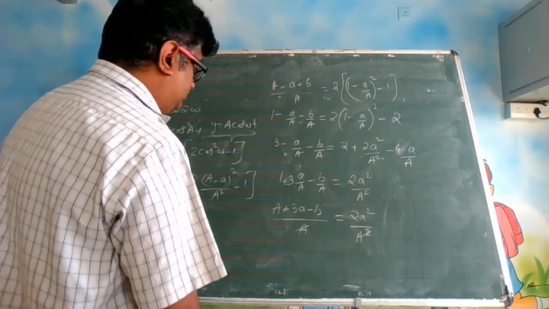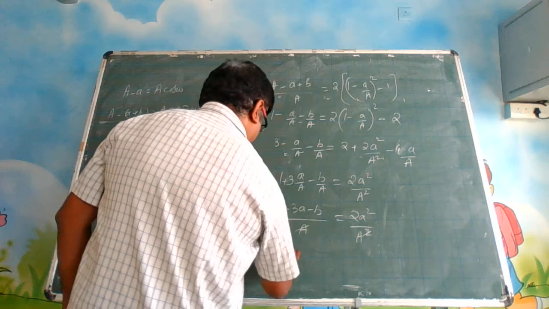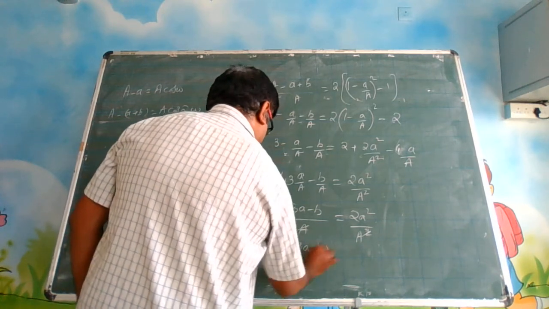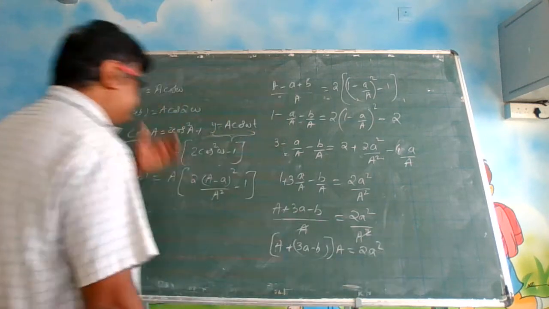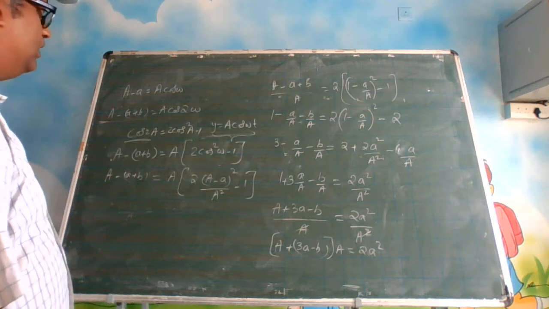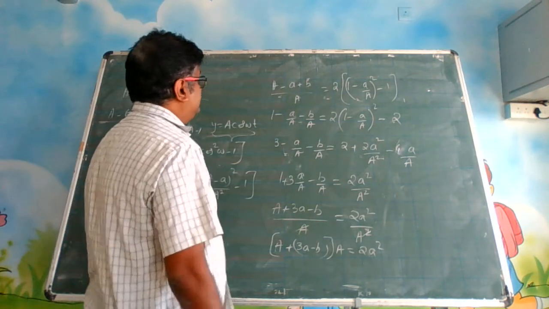Then you are going to get a plus 3a minus b multiplied by a is equal to 2a square. It is getting into quadratics and all that. Okay? Getting lengthy.